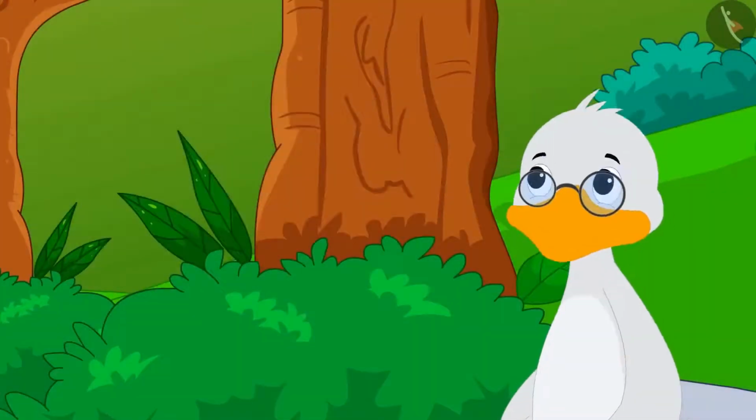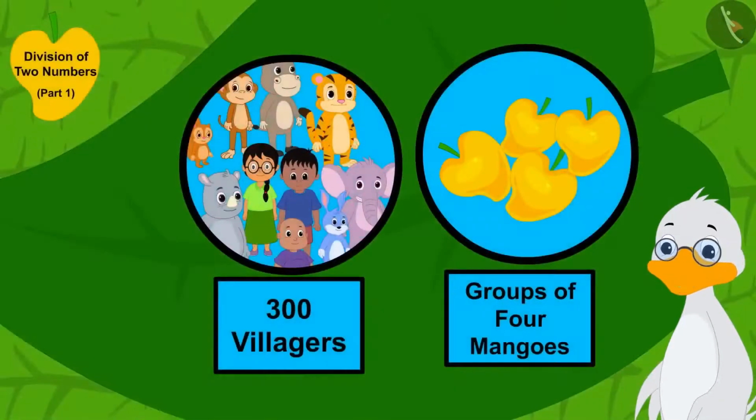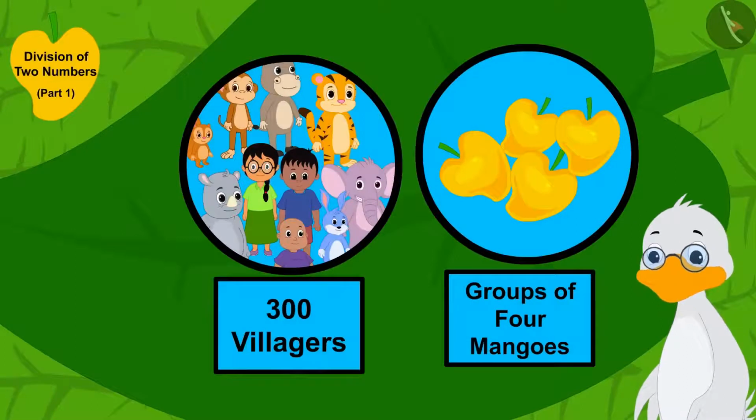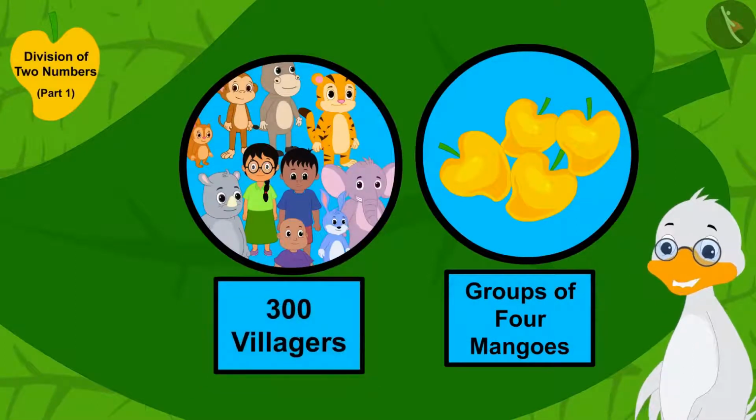Uncle said, I can do this by using the division process. I can divide these mangoes equally among 300 villagers by putting them in groups of 4 mangoes.